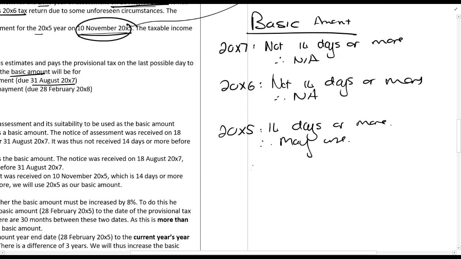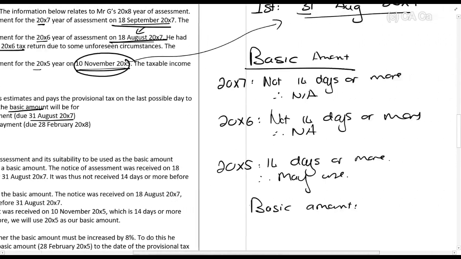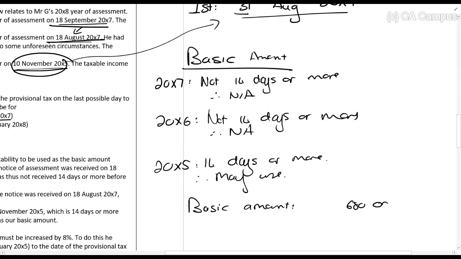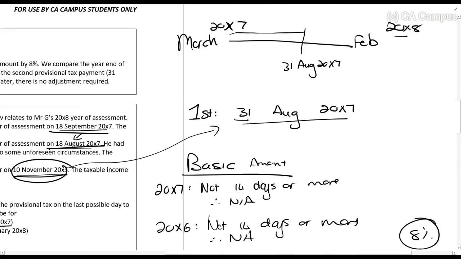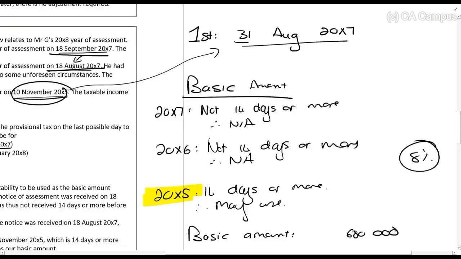Right, so see now what happens. This is where it gets pretty cool. Basic amount, 680,000 rands. Now you have to ask yourself, do I have to adjust it by 8%? So what you do is you compare, you say, what is the year end that I'm looking at? 20x5 year, right.